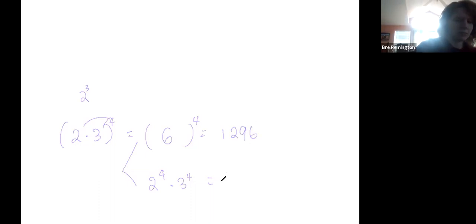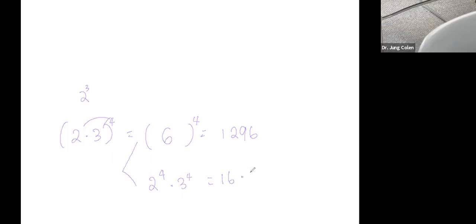How about 2 to the 4th? 16? 3 to the 4th? 81? Multiplying them together, I get 1,296. Okay, so then distribute the power to each of them.